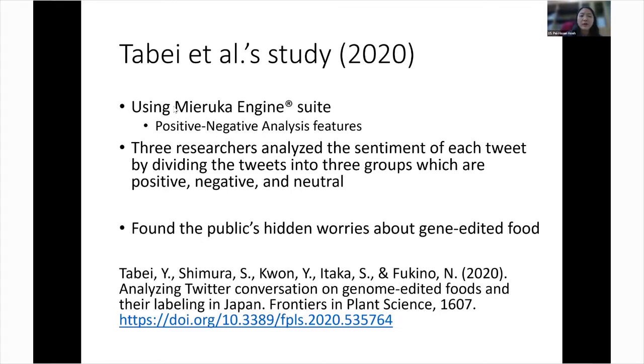And we know that they're using an application to do the analysis. They also have 3 levels: positive, negative, and neutral. And we see that they found that the public had hidden worries about genetically modified food.